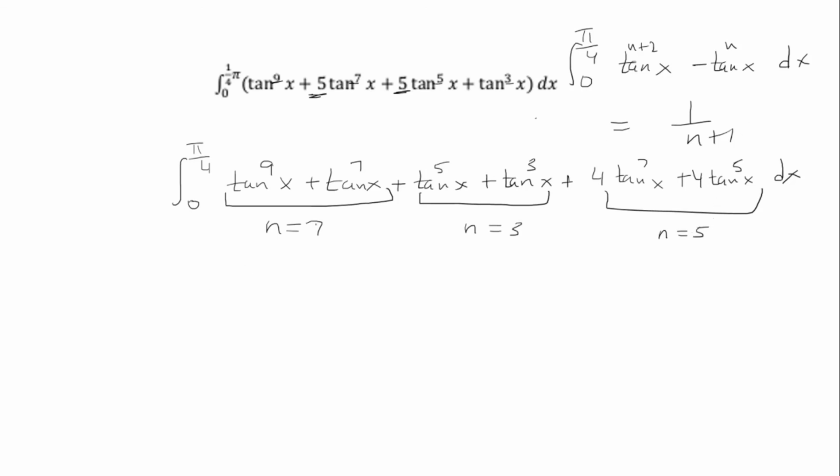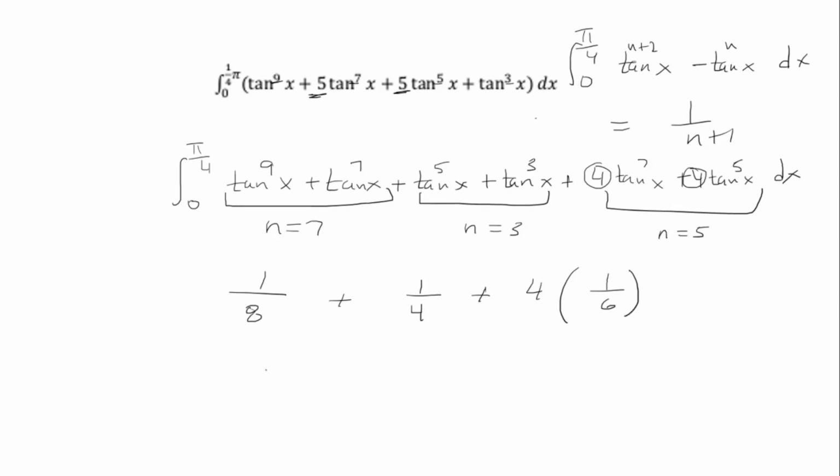So for the first integral, the coefficients are 1, so we use the formula 1 over n plus 1, which is 1/8. The second integral, coefficients are 1, so we use 1 over n plus 1, which is 1/4. For the last integral, they both have a coefficient of 4. So I can pull that out. And then it just becomes tangent to the 7th plus tangent to the 5th, which we know is equal to 1 over n plus 1, where n is 5.